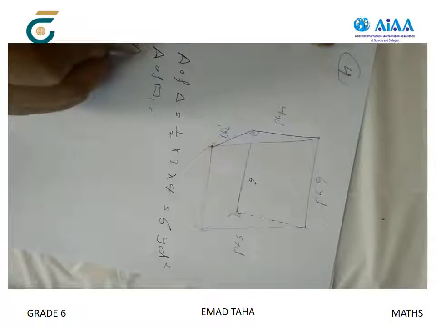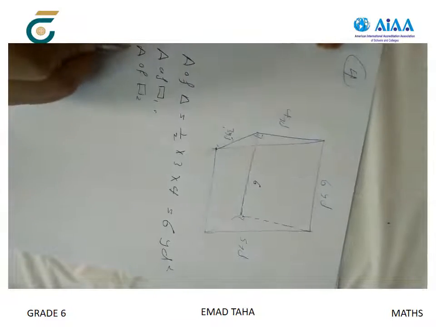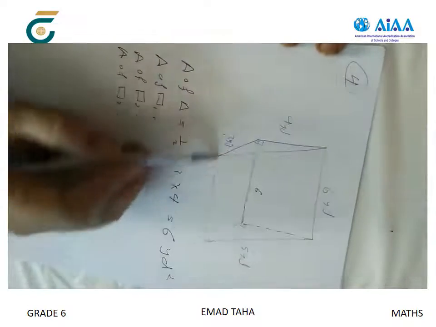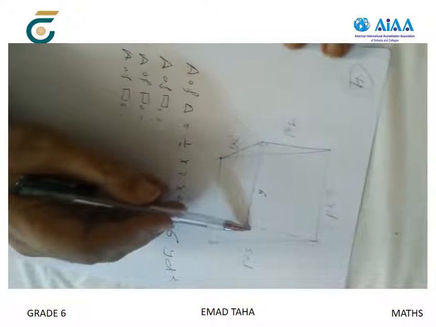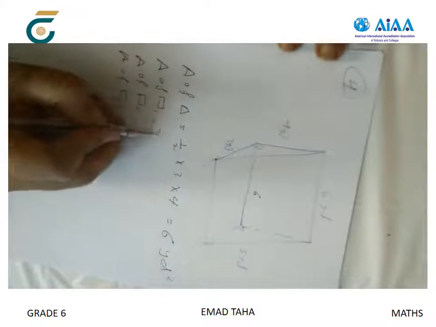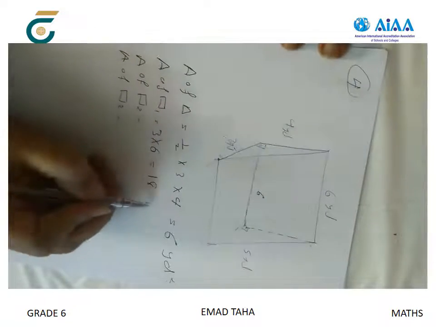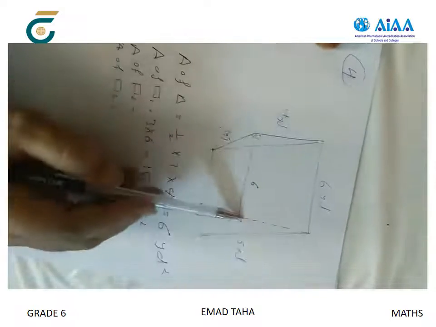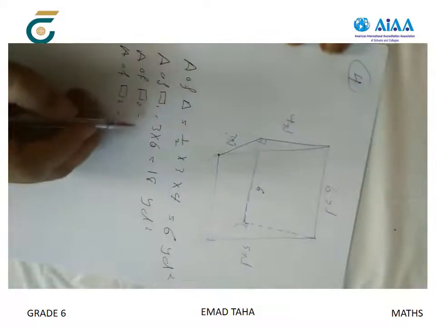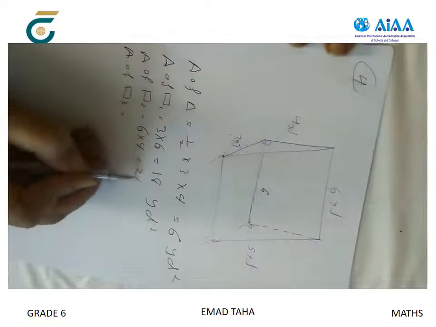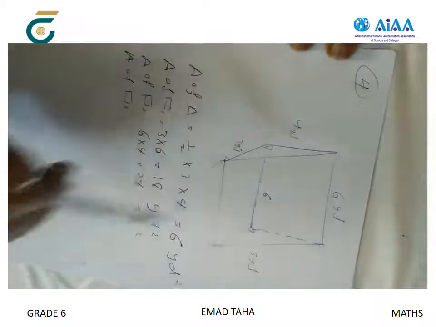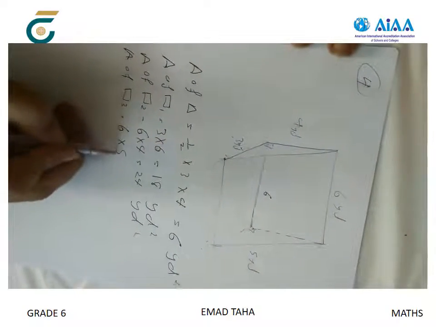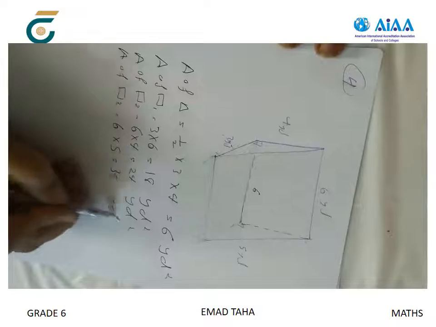Rectangle number 1 has dimensions 6 and 3, so 3 times 6 equals 18 square yards. Rectangle number 2 has dimensions 6 and 4, so 6 times 4 equals 24 square yards. And the third one is the big one, 6 and 5, so 6 times 5 equals 30 square yards.